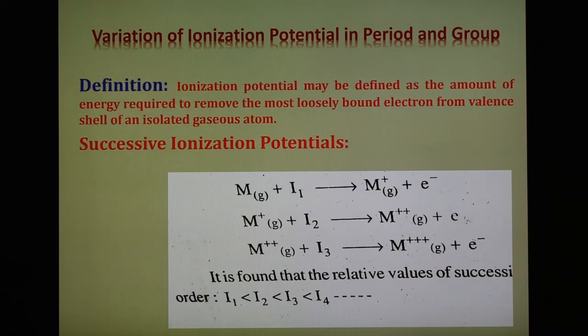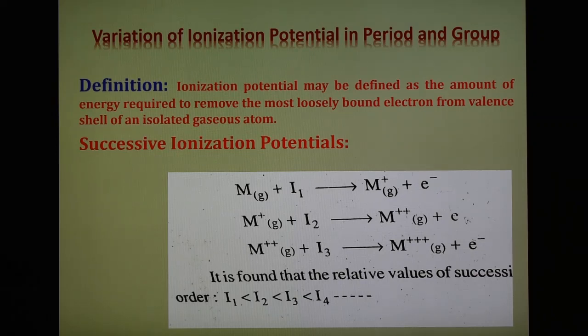This is the first property, atomic and ionic radii, and the second property is the ionization potential. We define ionization potential as the amount of energy required to remove the most loosely bound electron from an isolated gaseous atom.